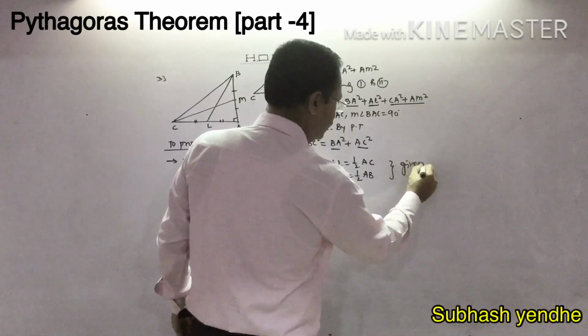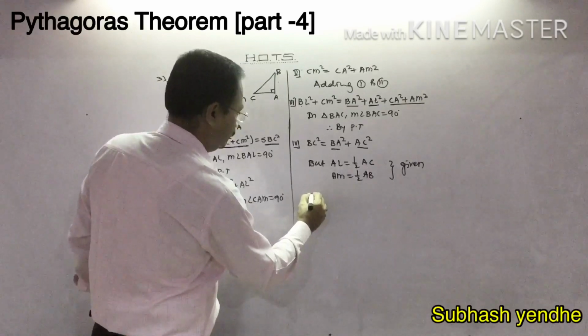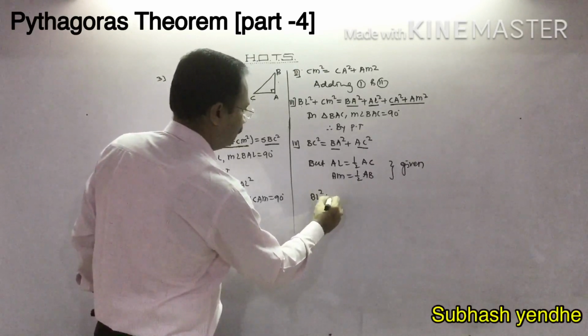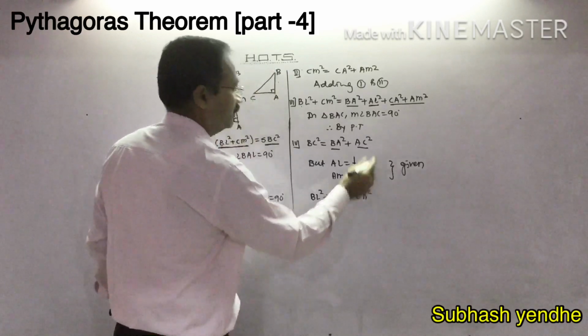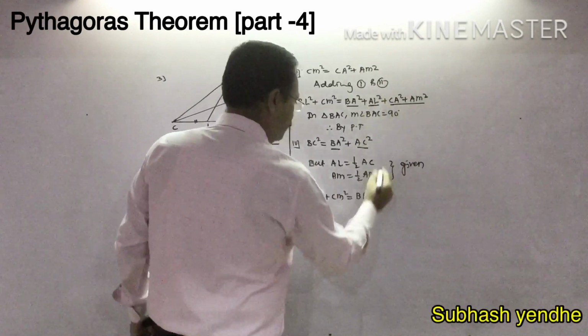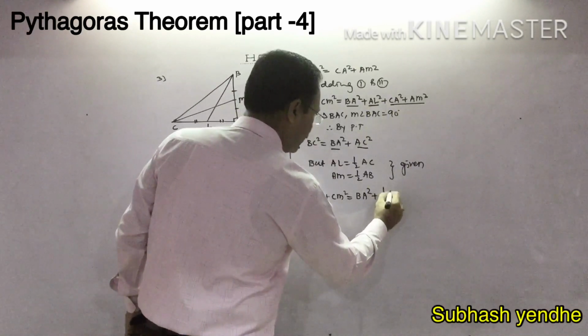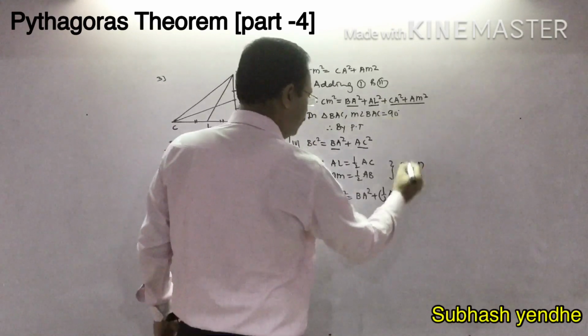So you have to write the reason given. So in equation number 3, BL square plus CM square equal to BA square plus, instead of AL, you have to write half AC, the whole square, plus CM is what? AC.